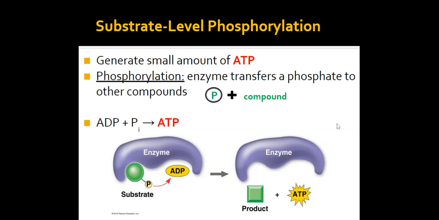So we have a few different ways that we can get our energy molecules out of this. One way that we can get the ATP molecule, and we'll come back to our NADH and FADH2 in a moment, is referred to as substrate level phosphorylation. I think I mentioned last notes that the word phosphorylation just means attaching a phosphate, attaching that P with a circle around it.